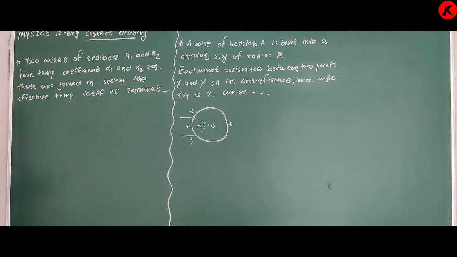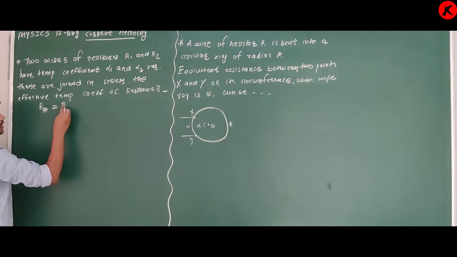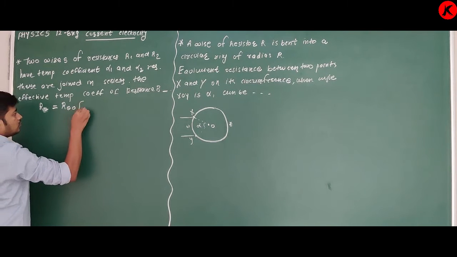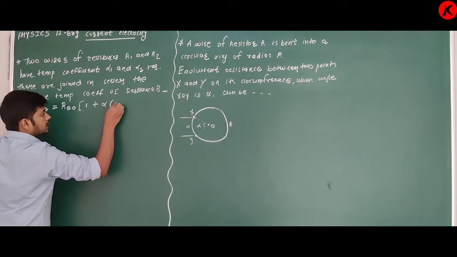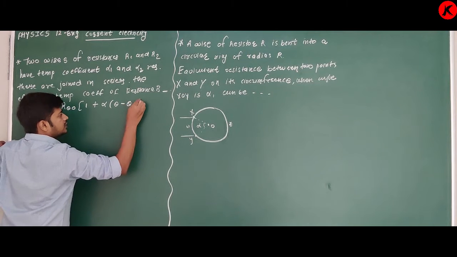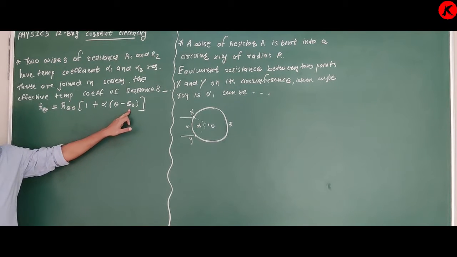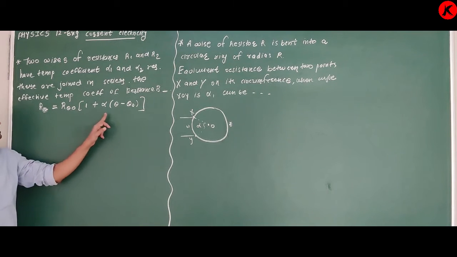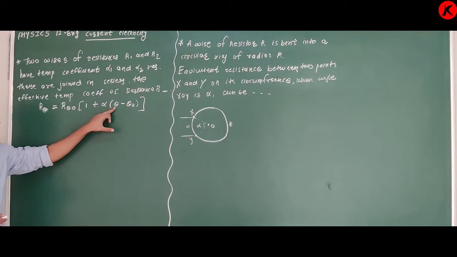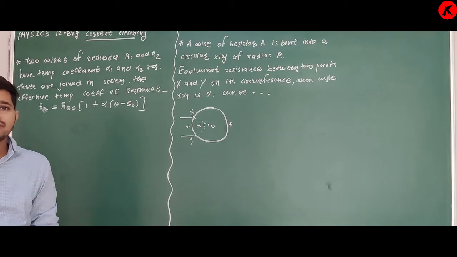temperature coefficient of resistance. See, we have the equation R theta is equal to R theta 0 into 1 plus alpha into theta minus theta 0. Here R theta 0 is the resistance at temperature theta 0, R theta is the resistance at temperature theta, and alpha is the temperature coefficient.